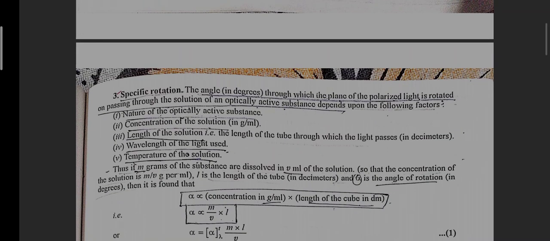Third definition is of specific rotation. The angle through which the plane of the polarized light is rotated on passing through the solution of an optically active substance depends upon the following factors: nature of the optically active substance, concentration of the solution, length of the solution, wavelength of the light used, and temperature of the solution.